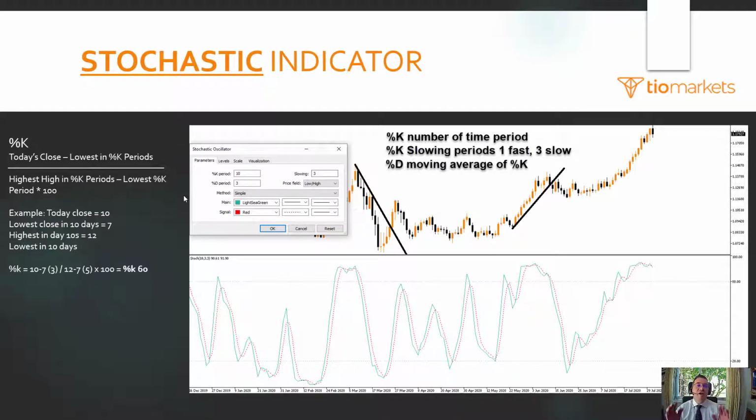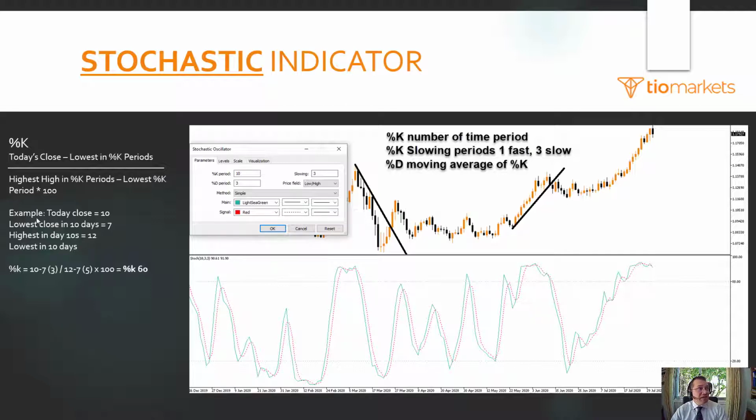Complicated enough? If you were using pen and paper doing this manually, yes. But if you're relying on the software or the processing ability of your computer and the MT4 platform, you don't have to worry because these calculations are done for you.